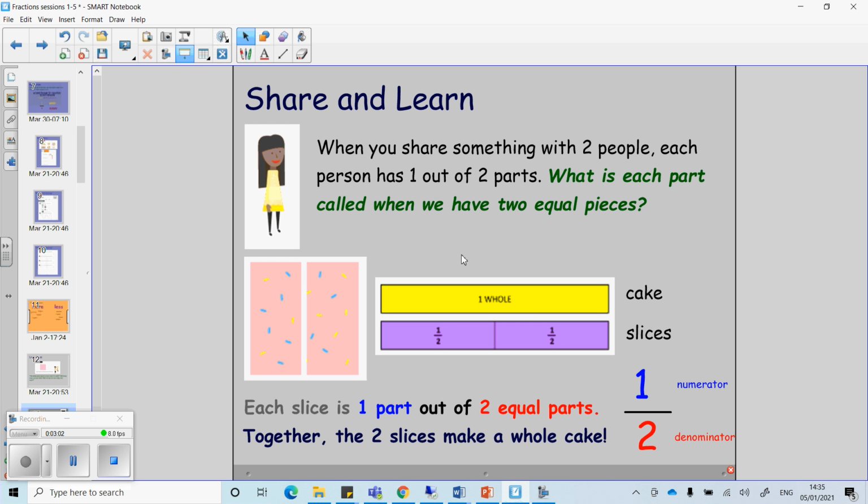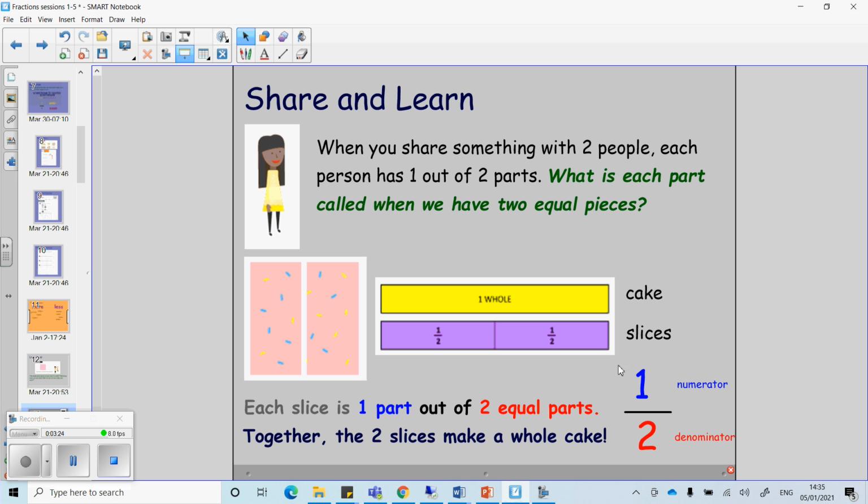So there's lots of things on the screen to look at there. We've got this bar that says one whole. We've got these two bars which are equal, one part out of two, and this is one part out of two.